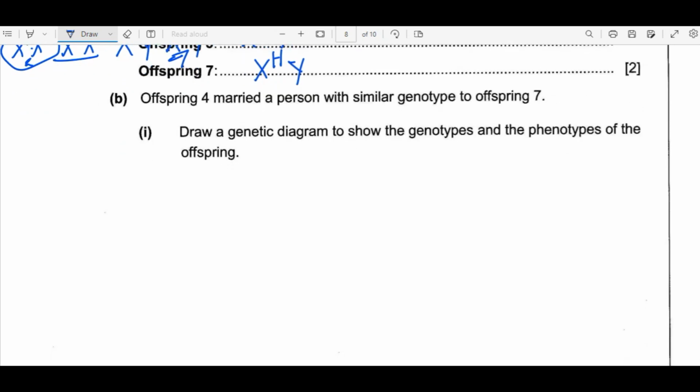So let's have a genetic diagram. We'll start first by saying parental phenotype. So we have the man and the woman. For the man, which is 7, we are saying normal.